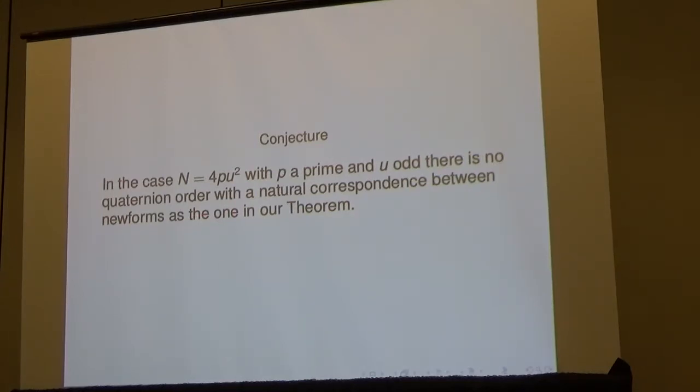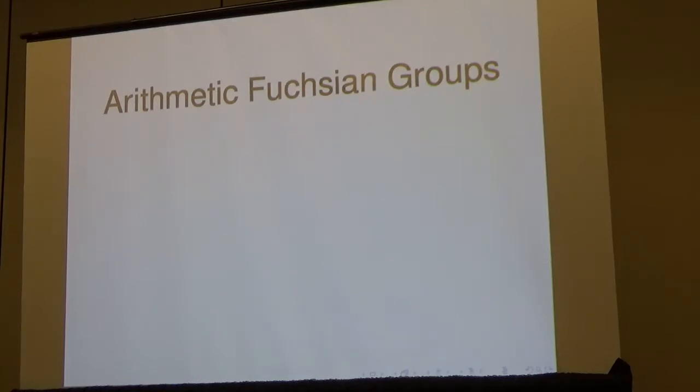So our conjecture is that maybe there isn't one in this case for gamma 012. I haven't proved this yet, but at this point the conjecture is that for new forms in gamma 012, there is no natural quaternion order that will establish that.